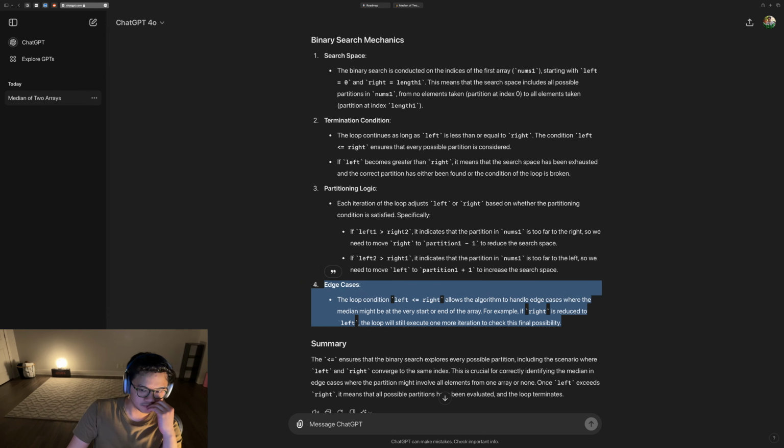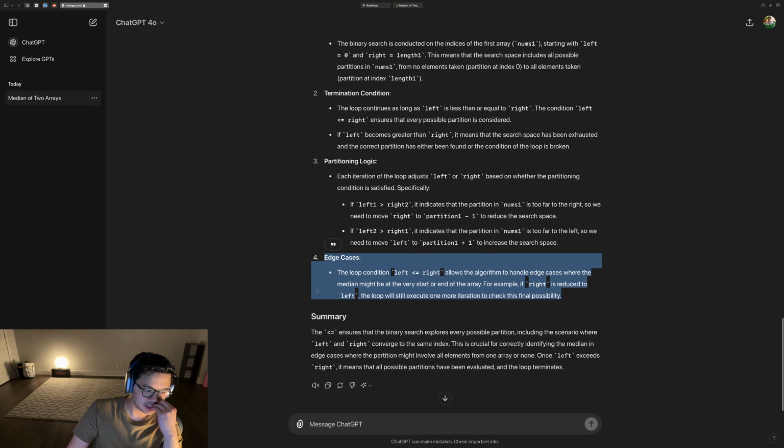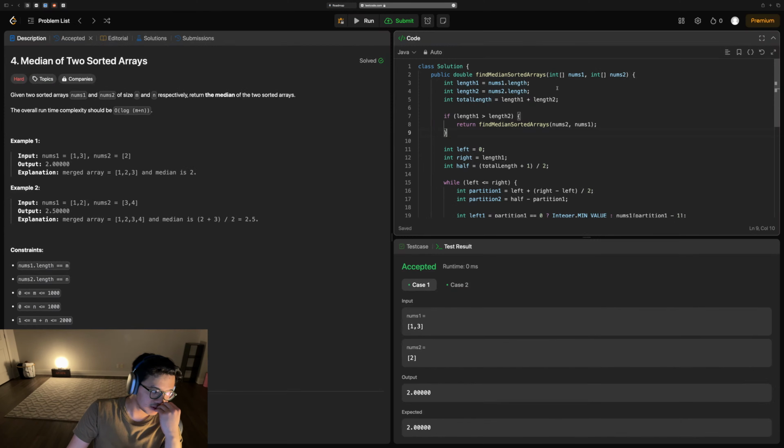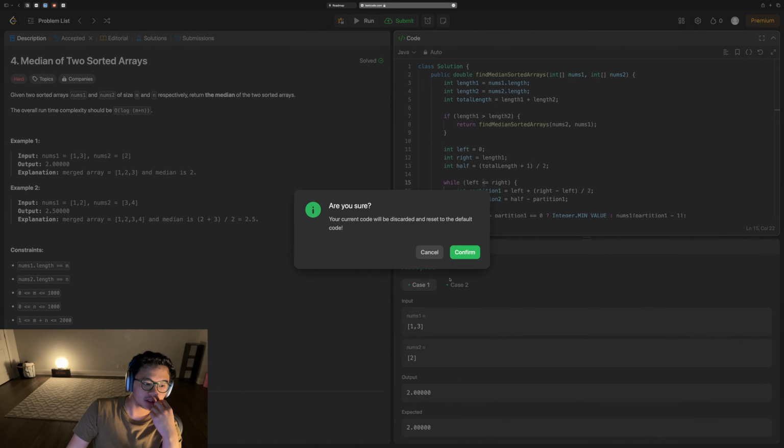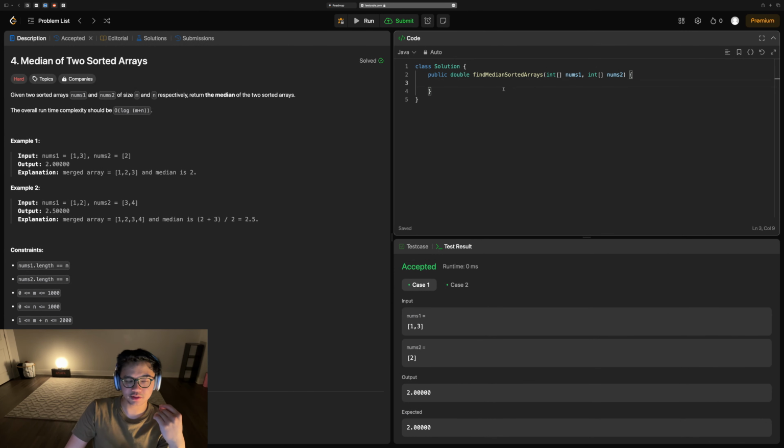Oh, wow. That makes so much more sense. So if the median's here, oh, I see. It's because we're searching for the median, basically. Wow, that's crazy.